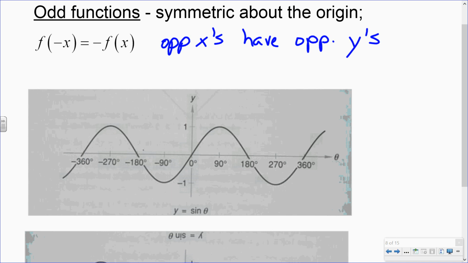So that means for sine that if we have the sine of minus an angle, and we don't want to have that minus angle for the argument, we can put a minus in front of it and say minus sine of theta.